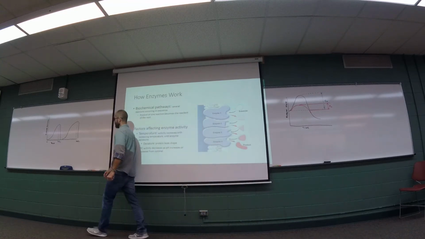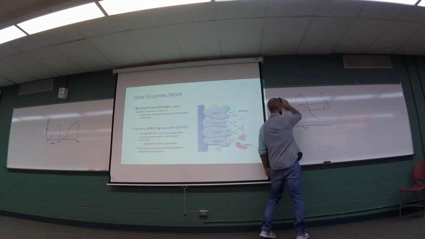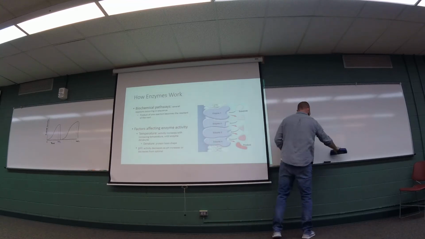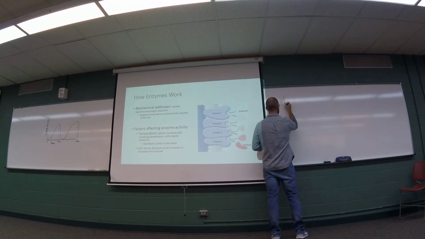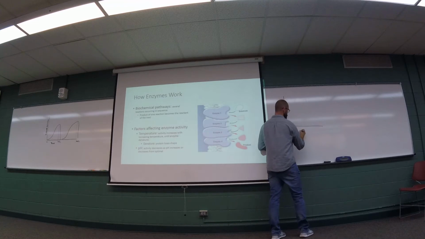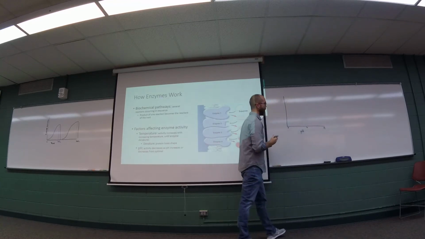Okay. So if we were to compare that to the effect of pH on enzyme activity, the graph would look quite different. So here we're going to have pH, and we'll have 7, 0, 14, something like that.